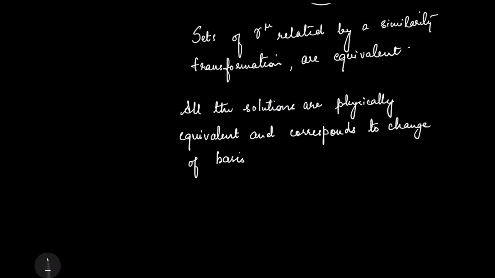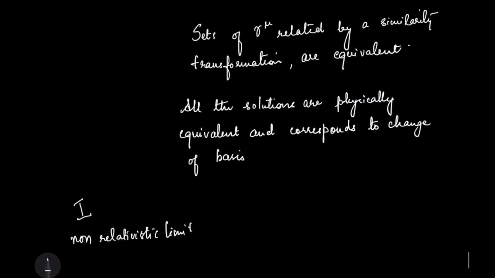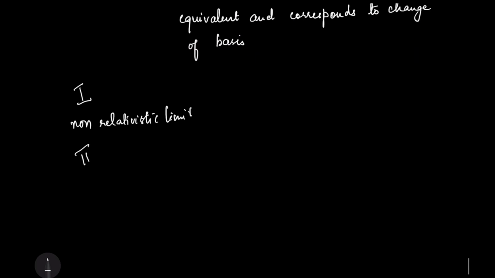So the different forms of gamma matrices may be useful for different purposes, right? The solution 1 that we have discussed is convenient for the non-relativistic limit. And the solution 2 that we have discussed is convenient for the opposite regime, which is called the ultra-relativistic limit.